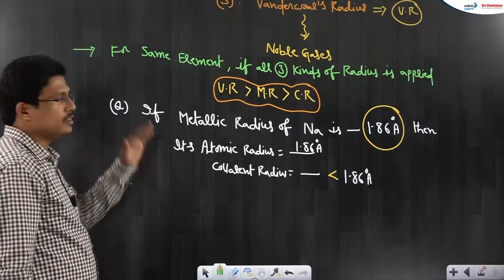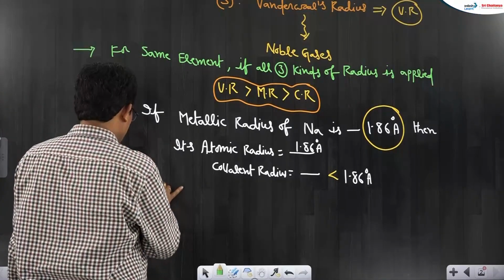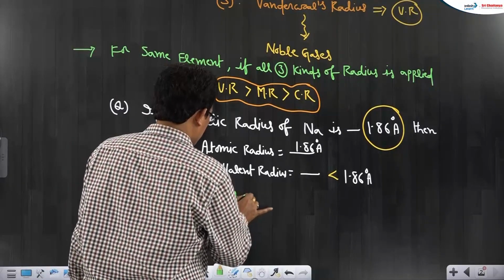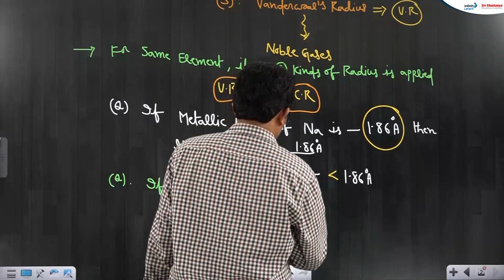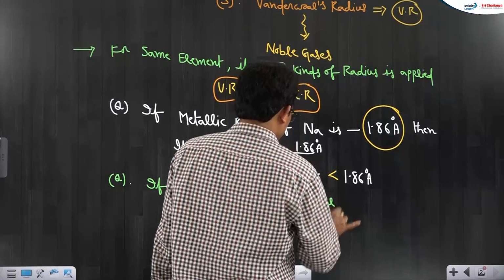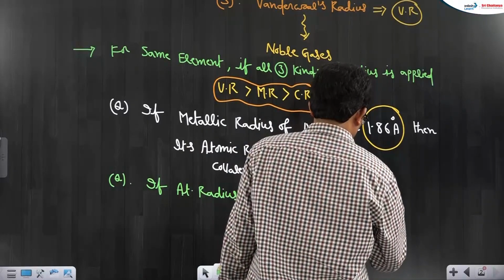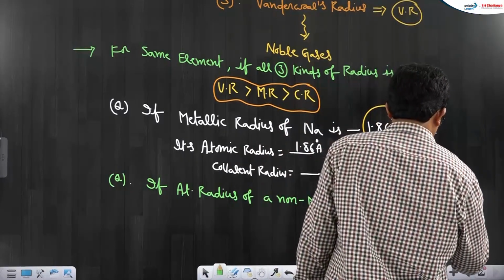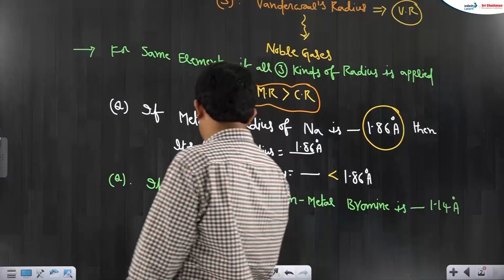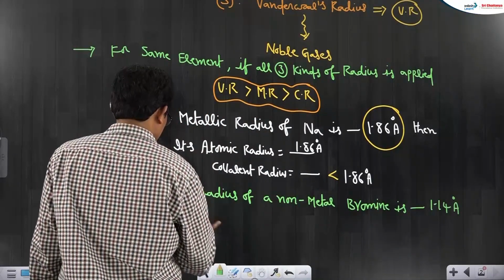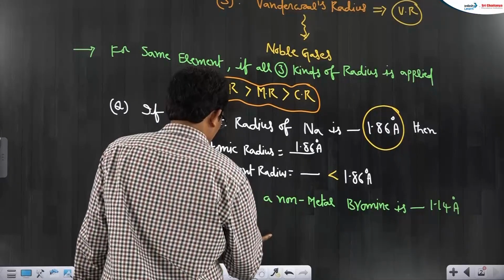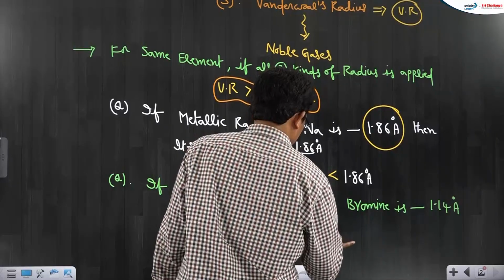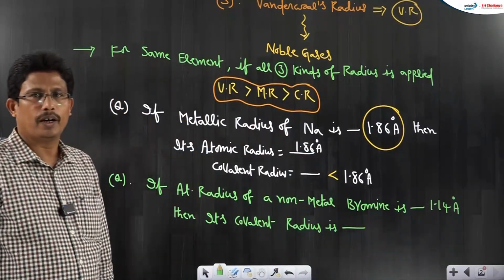One more based on the types of radii. If the atomic radius of a non-metal bromine is 1.14 angstroms, then its covalent radius is dash.